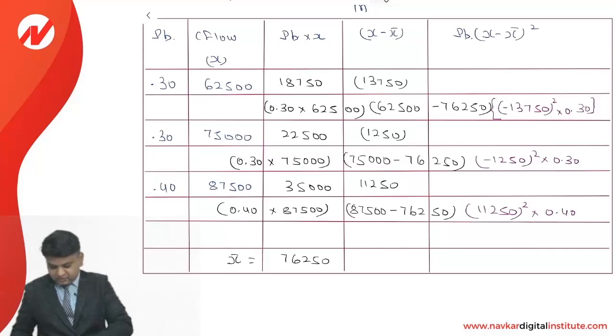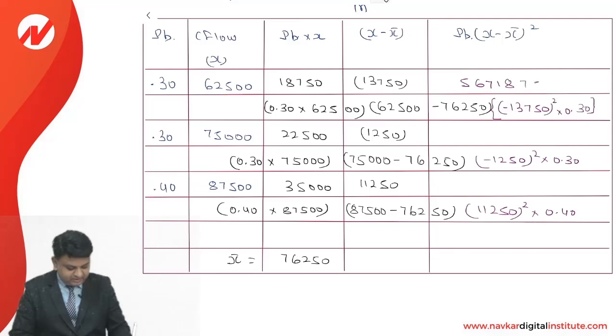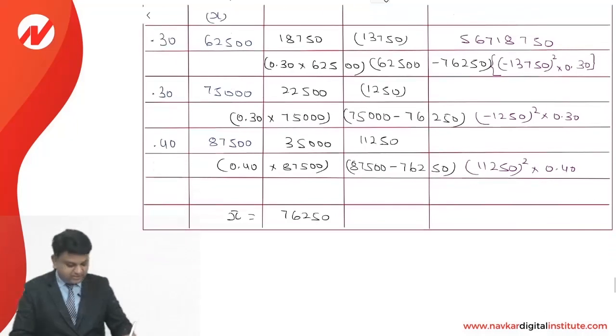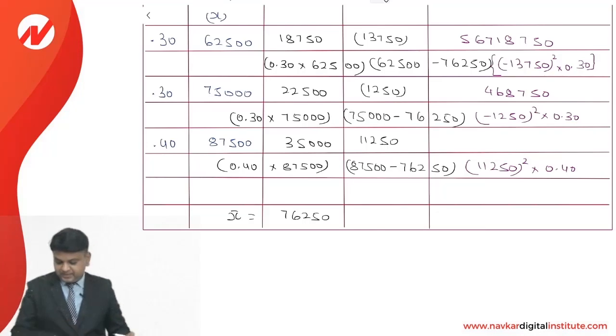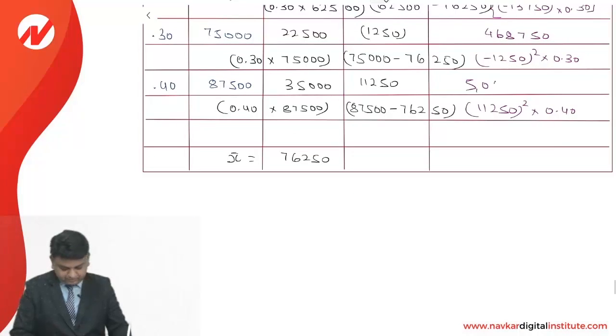So 13,750 square into 0.3 comes to 5 crore 67 lakhs 18,750. Square of 1,250 into 0.3 is 4,68,750. 11,250 square into 0.4 comes to 5 crore 6 lakhs 25,000.